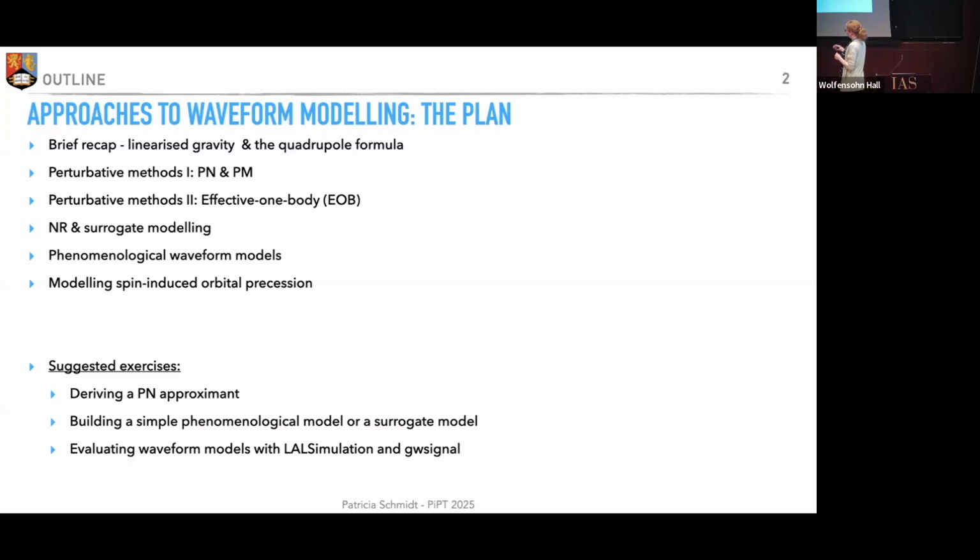And then there's a little tutorial notebook that I've thrown together with my colleague, Gary Pretton over there, if you want to play around with what's out there. Many of the waveforms that we use in the data analysis framework every day are publicly available to you, either through something called LAL simulation or a newer version, also in Python, called GW signal.